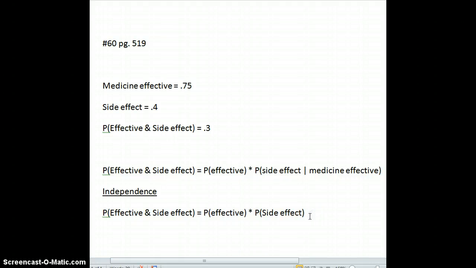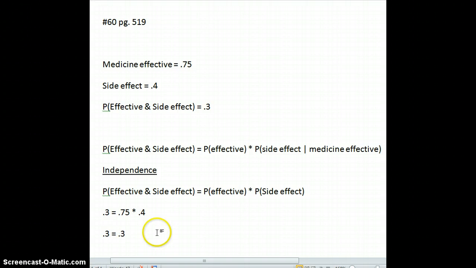And so in this case, we can just test that out. So the problem tells us that 30% of the time, both of them happen. And then is that equal to 0.75, the probability the medicine's effective, multiplied by 0.4, the probability of a side effect? And in fact, it is.